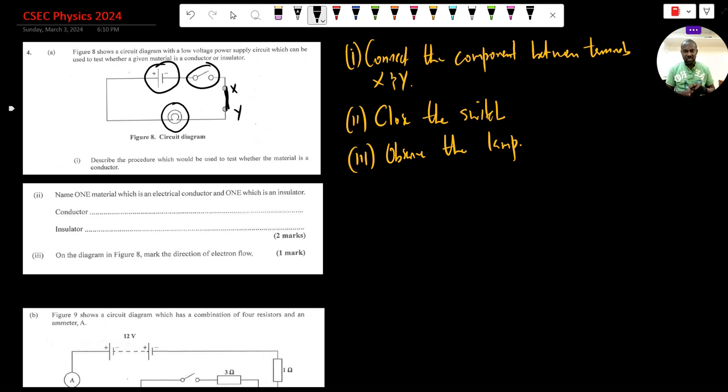However, if it's an insulator that we place between X and Y, we know that insulators do not readily allow the passage of an electric current, and as such, no current would pass through X and Y, which means that the lamp would not light, and that would be enough evidence that the material is not a conductor, but an insulator. So that was the first part of that question.